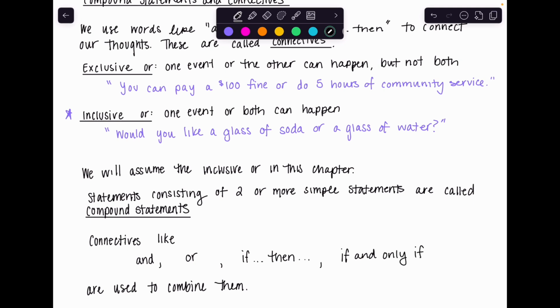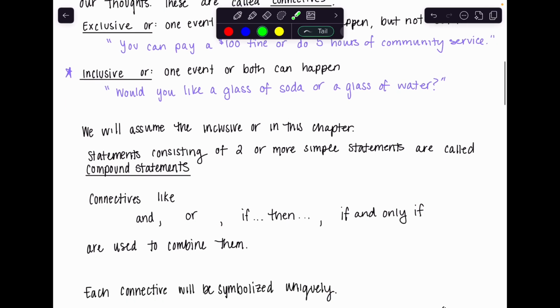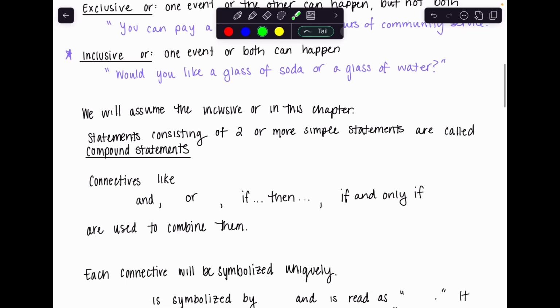Okay, so these two are technically going to be more precise, and they're going to be conditional statements. So we'll talk about what each one of these means, but there's a condition that needs to be set for the thing to happen. So every single one is going to have a unique symbol to talk about it, and then we really have these phrases when we talk about them.